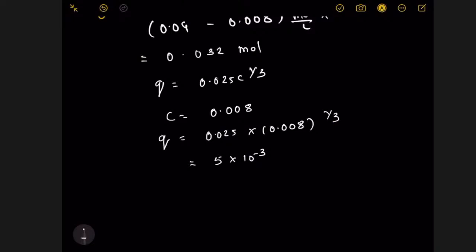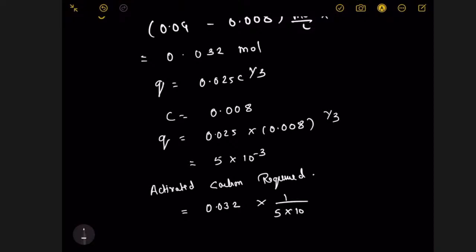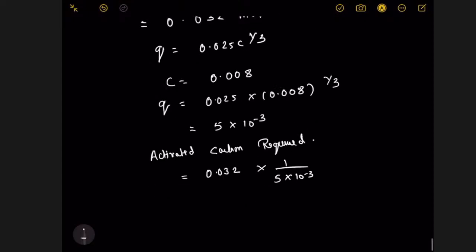So activated carbon required equals 0.032 into 1 upon 5 into 10 to the power minus 3, so it is 6.4 gram. This much amount of activated carbon is required.